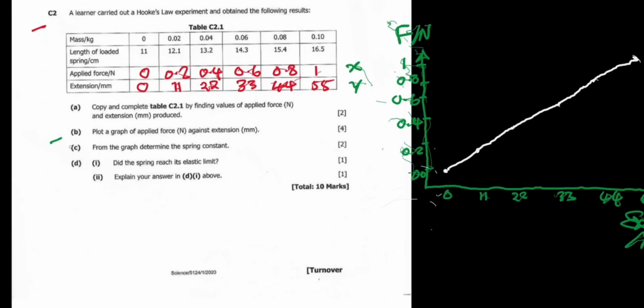Now question C says, from the graph determine the spring constant. Now the spring constant is actually equivalent to the gradient or the slope. So all you have to do is calculate the gradient here, which is y2 minus y1 over x2 minus x1.